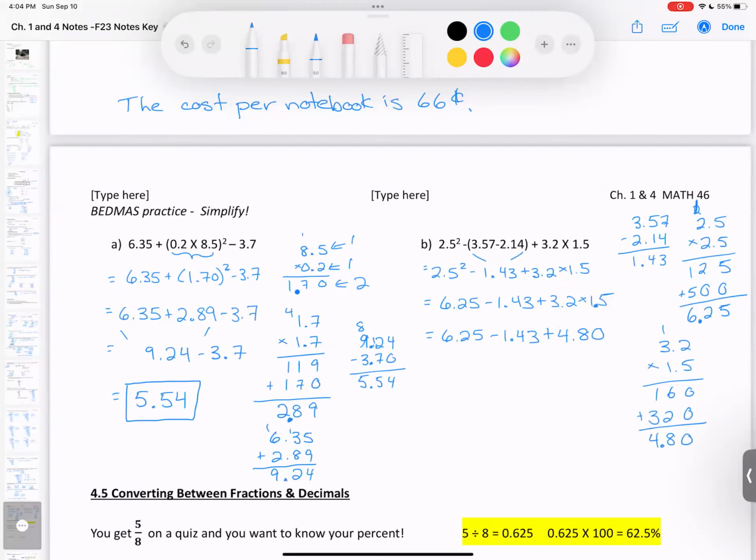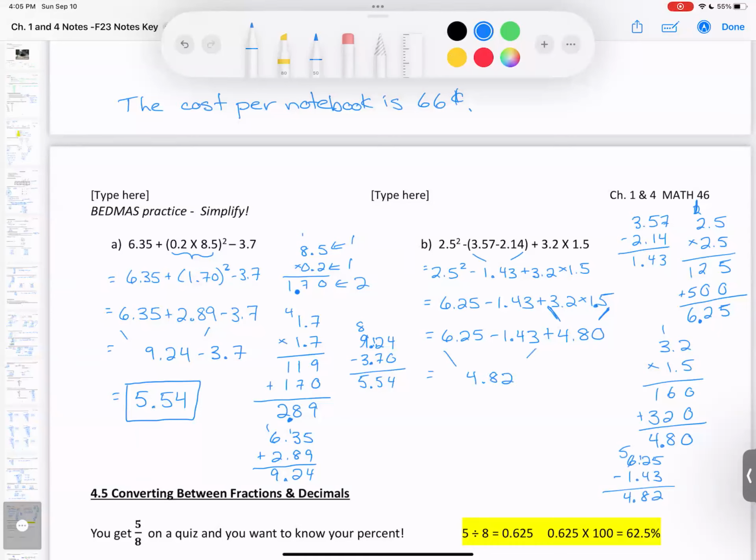Okay, now we can deal with subtraction and addition left to right. So we're going to start with that subtraction. So we've got 6 and 25 hundredths minus 1 and 43 hundredths. And so I get 4 and 82 hundredths.